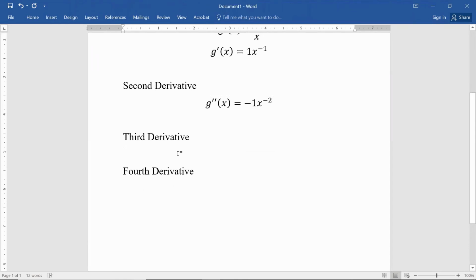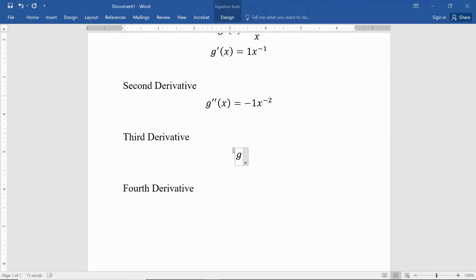For the third derivative, g triple prime, -1 times -2 is a +2. And when you take the exponent and reduce it by 1, you end with a -3 as your exponent. So a +2 is the coefficient, and a -3 is the exponent.